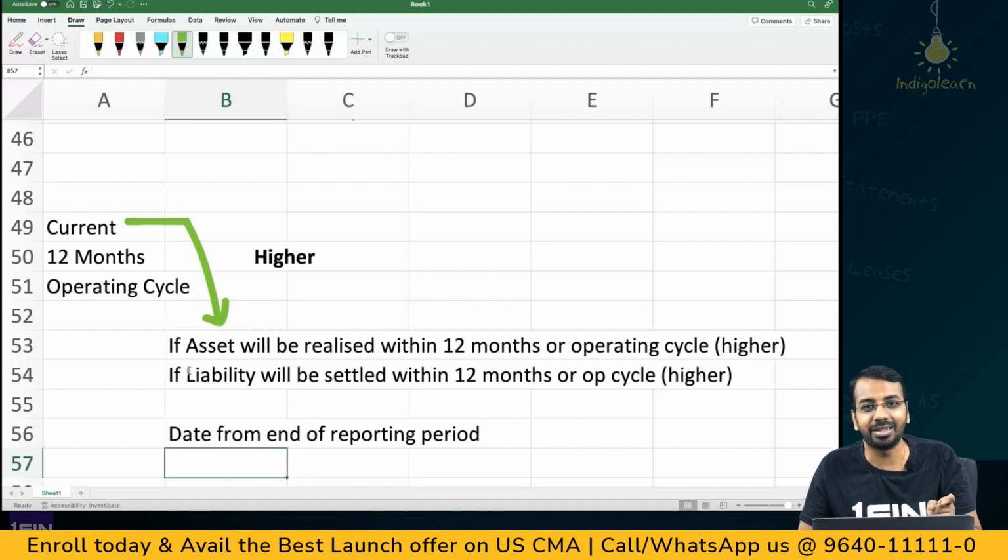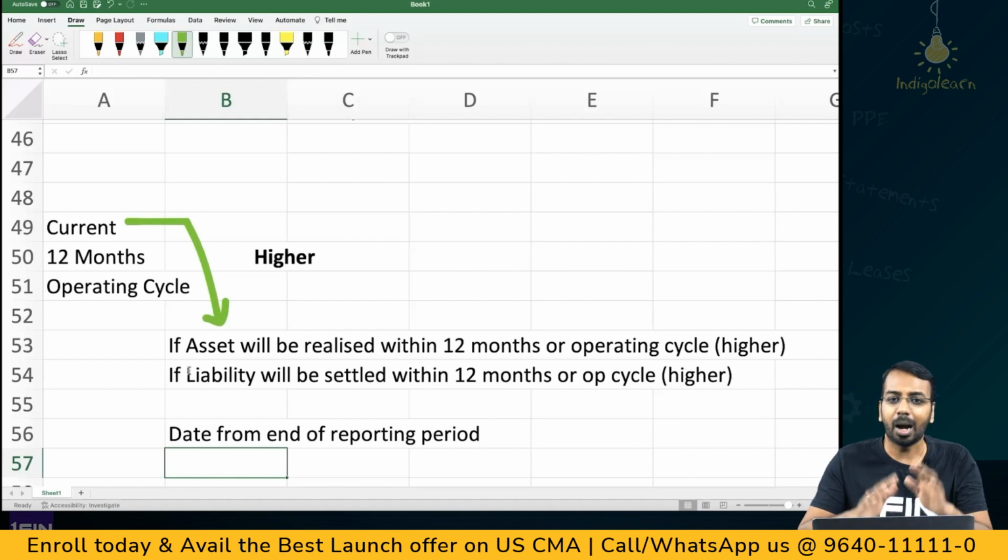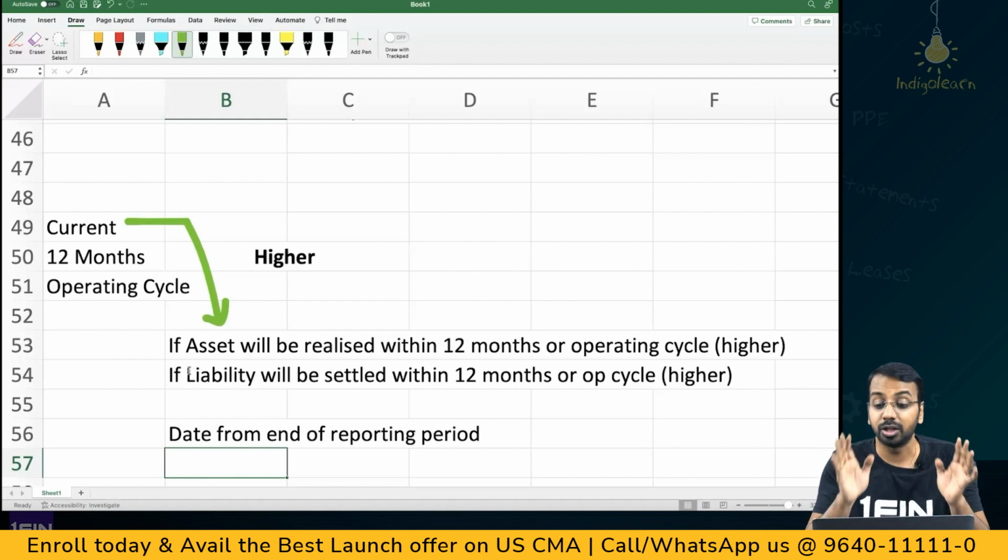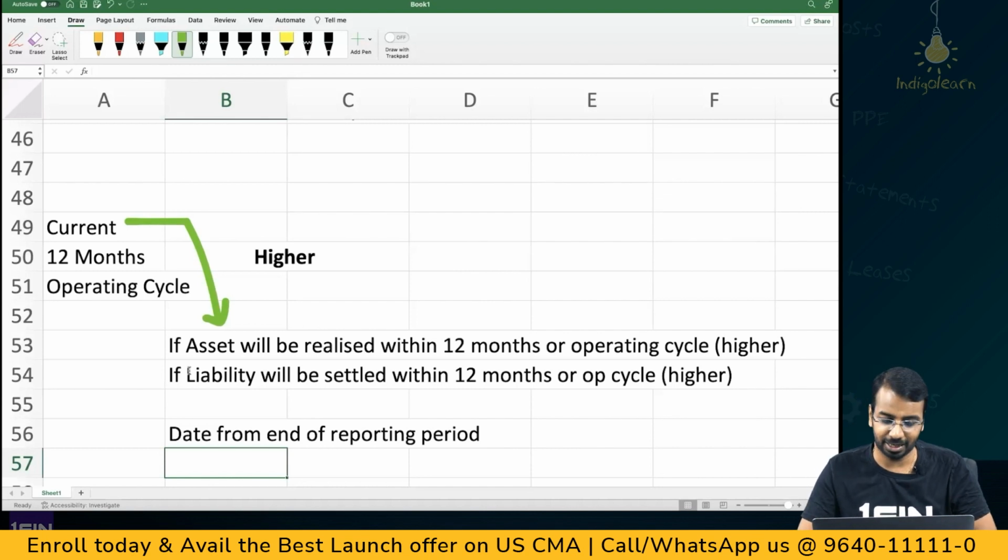So if the operating cycle is 3 years, you will consider a 3-year period. If anything will be realized or settled within that period, you call it a current asset or current liability. Apart from that, anything else you have, you will classify as non-current asset and non-current liability.